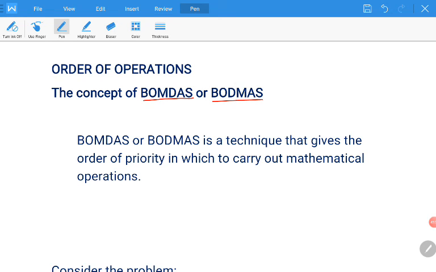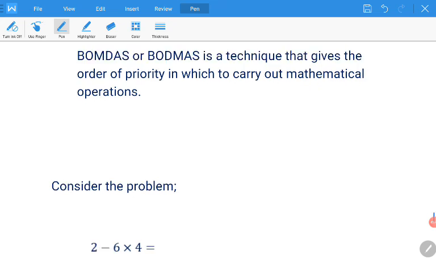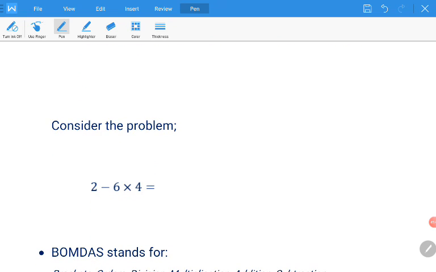This is a technique that gives the order of priority in which to carry out mathematical operations. Let's suppose you are given a problem below, which is 2 minus 6 times 4.